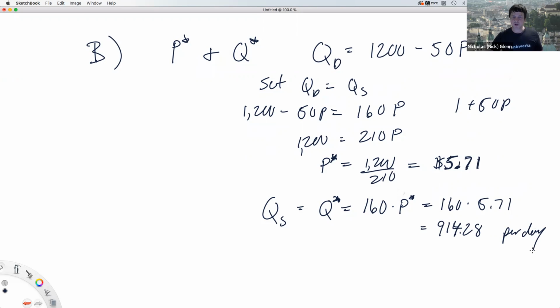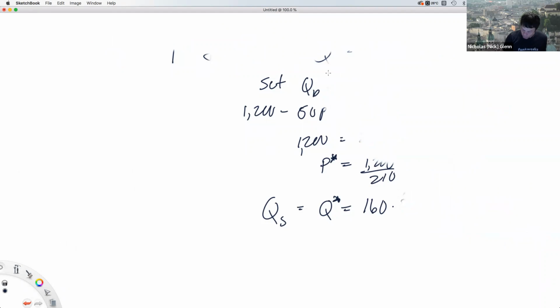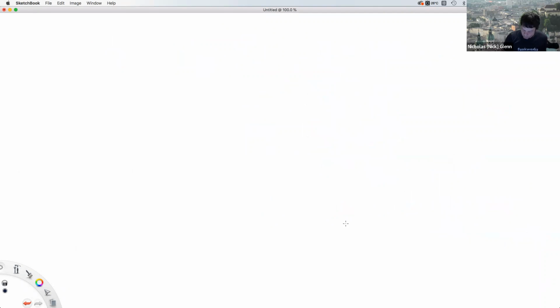Okay. What will we do for the next part? All right, so if this is the price, we want to determine how many each low-cost restaurant serves, and how much each high-cost restaurant serves. So we'll find each of those next. This will be part C. All right, we'll do the high cost first.